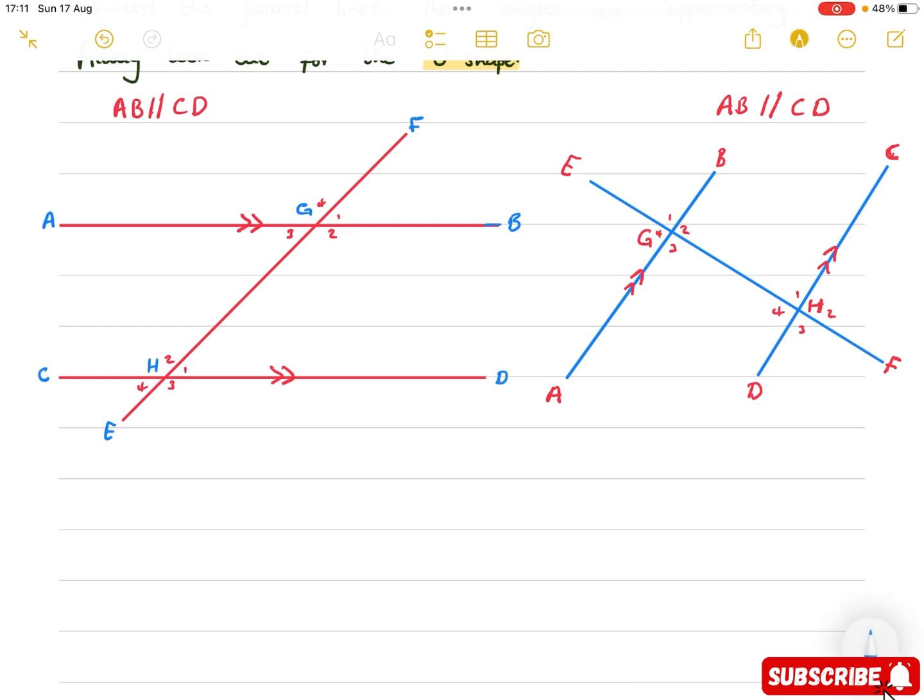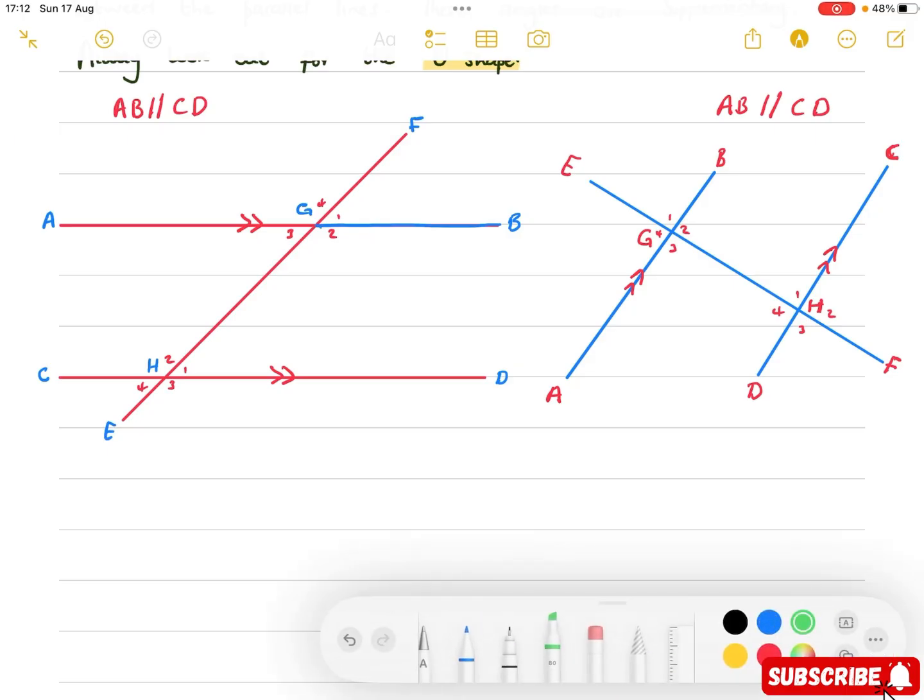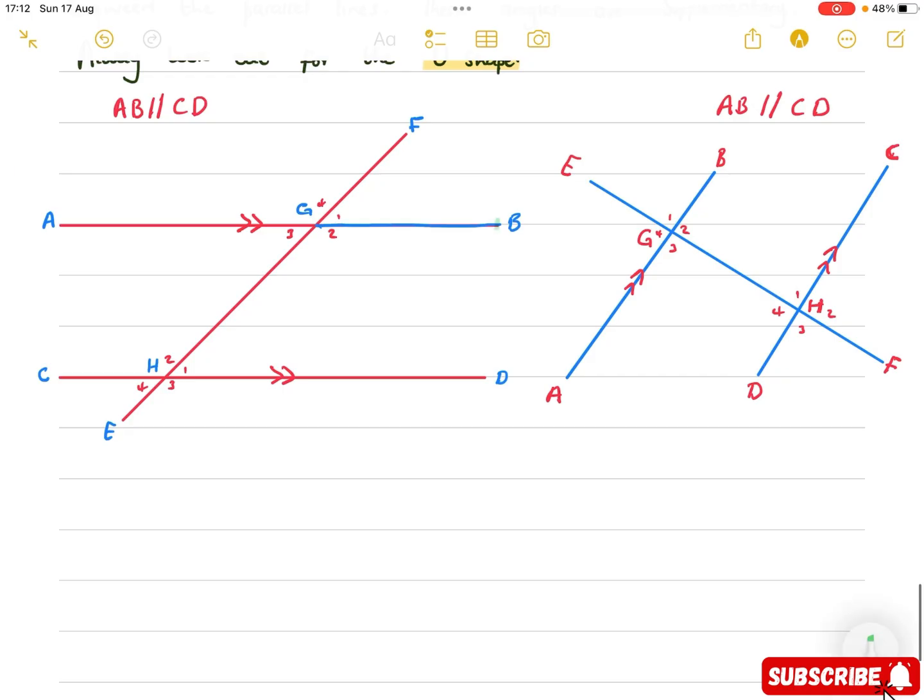So let us start by looking at this one. Now I'm writing with my pen. Let's just look at this part. You have a parallel line, you have a transversal, and then you have another parallel line.